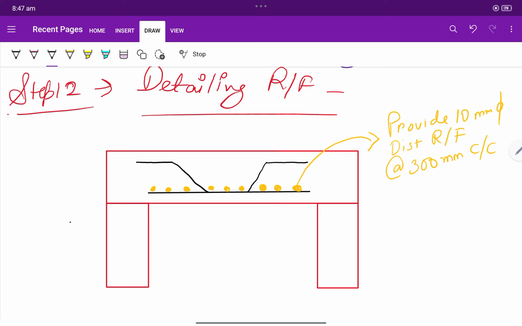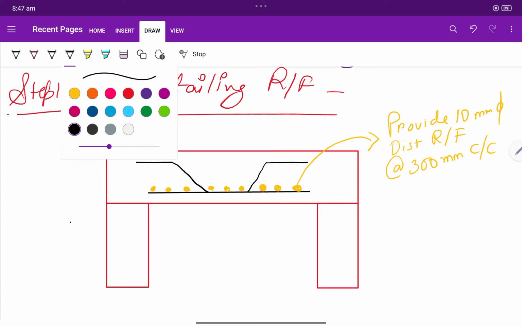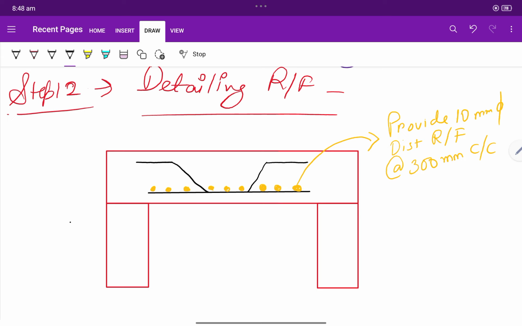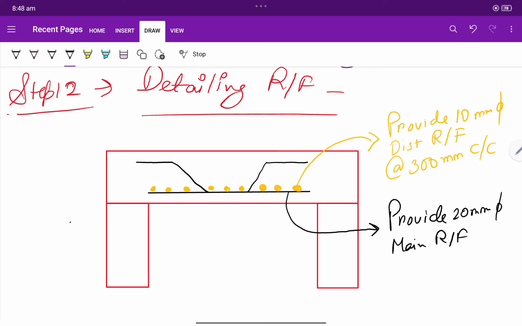Now for the main reinforcement, provide 20 mm dia bar as main reinforcement at the rate 300 mm center to center spacing.